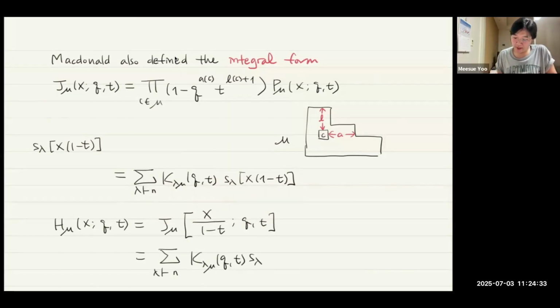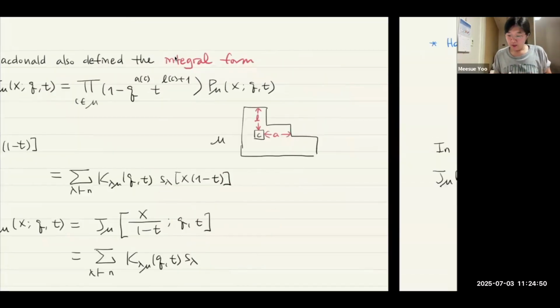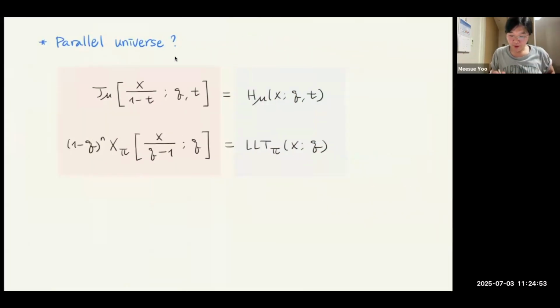And then we can observe that the definition of the modified Macdonald is by dividing x by 1 minus t and plethystically substituting. And we have seen this relationship before in the Carlsson-Mellit relation. So let me make an analogy.